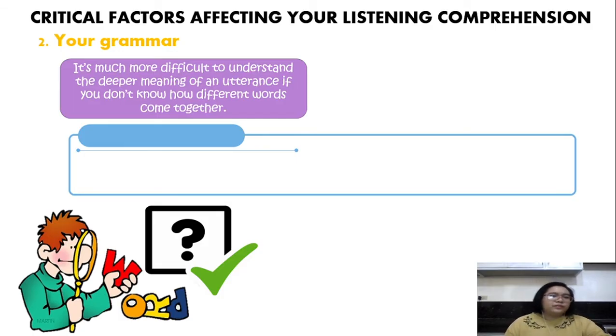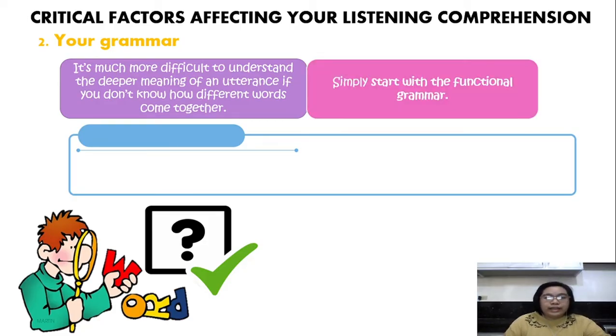So in grammar, you don't have to concentrate on learning every grammar construction in your language, though it is crucial for us to learn it. It is difficult to understand the utterance if we don't have knowledge about the target language itself. For example, how the words are formed in a sentence and forms of words.